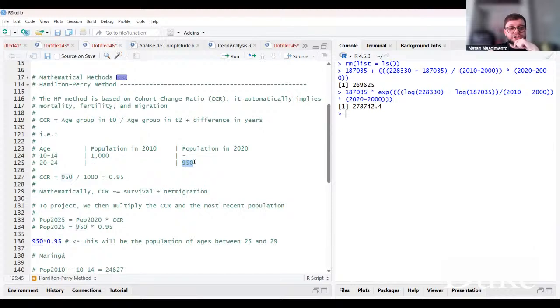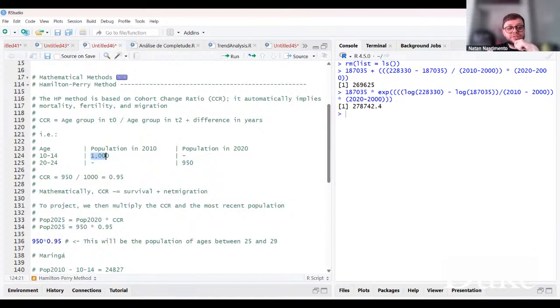And the population is 950. That means that the cohort change ratio is 0.95, because we're dividing the population that actually survived by the population that we expected to survive.